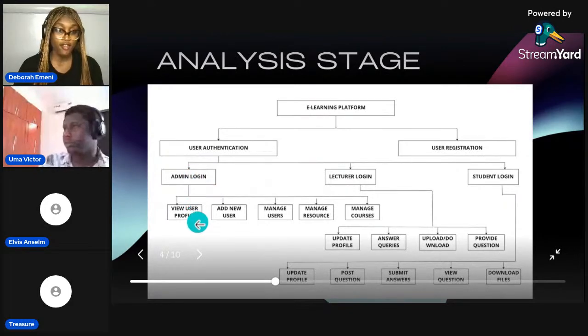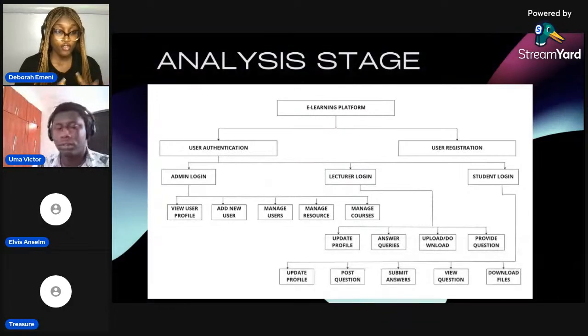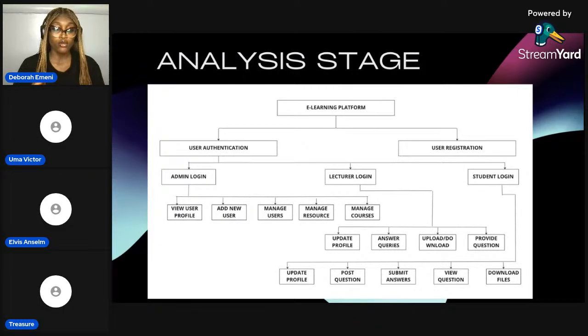Under the admin login we have the components. Under the admin login we have the view user profile, where the user profile is being viewed, where the admin can perform functions like adding a new user, managing users, managing resources, managing courses, right?